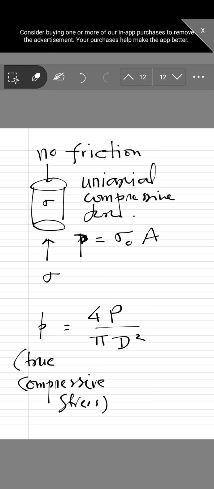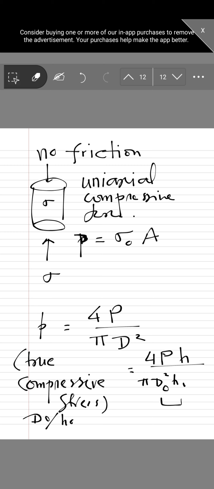And if you take the d0 versus H0 ratio into consideration, this can be said to be equal to 4PH divided by pi d naught square h naught, where d naught and h naught are the initial diameter and height of the cylindrical sample.